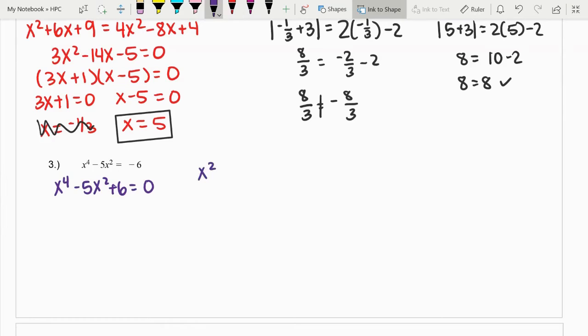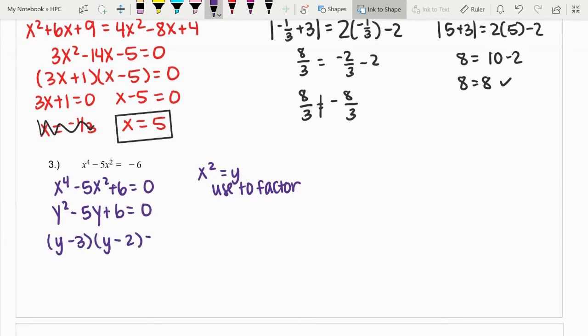I'm going to say that x squared is equal to y, and I'm going to use this to factor. If I substitute that, now I have y squared minus 5y plus 6 equals 0, and that's a little bit easier for us to factor. So I'm going to have y minus 3 times y minus 2 is equal to 0.